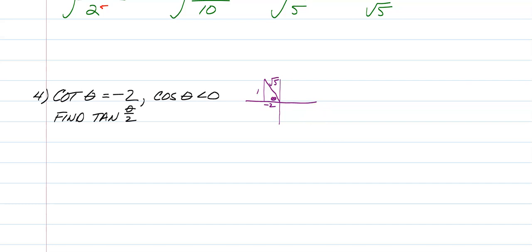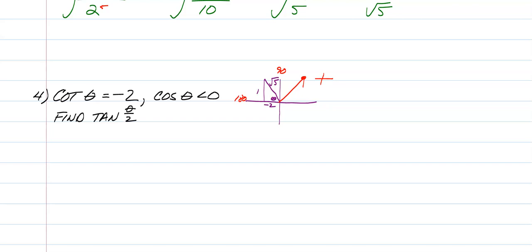So that means the full angle is between 90 and 180. If you cut those in half, you get between 45 and 90, which basically means we are in quadrant 1 where everything is positive. So if we're finding tangent of the half angle, it's going to be positive because we are in quadrant 1.